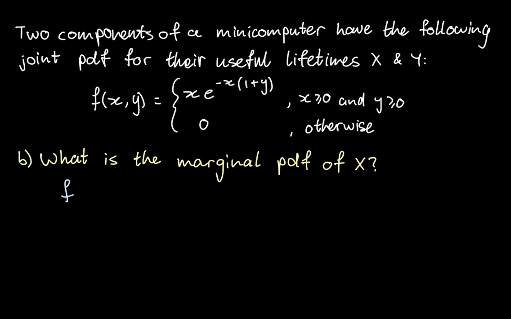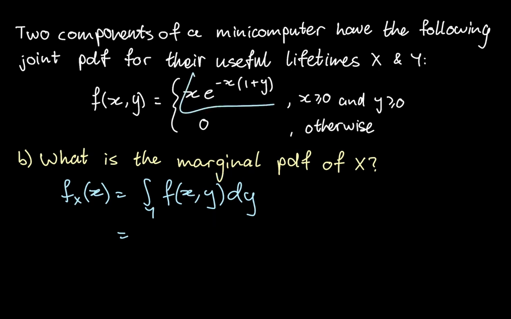So I'm finding the PDF of x, and that's going to be the integral over y's range or domain of f(x,y) dy. Okay, and I'm integrating in terms of y so that whatever y is in here gets integrated out, becomes a constant.